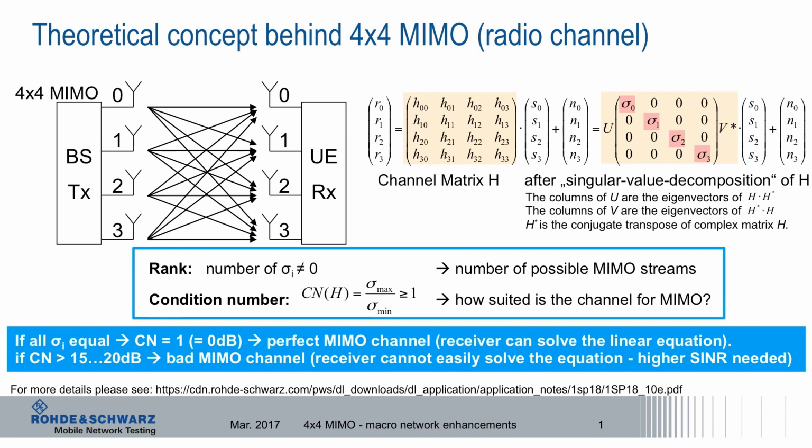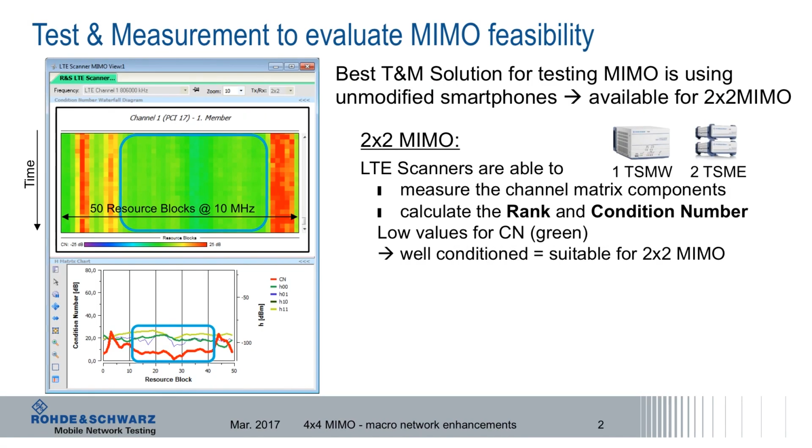If the condition number is around 20 dB, we have a big imbalance in the different multipaths. We have a very bad MIMO channel. That means the receiver cannot really solve the equation easily, and a higher signal-to-noise ratio would be needed in these environments. How can we test this?